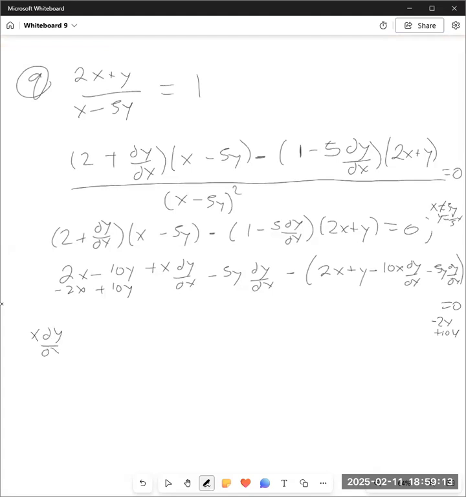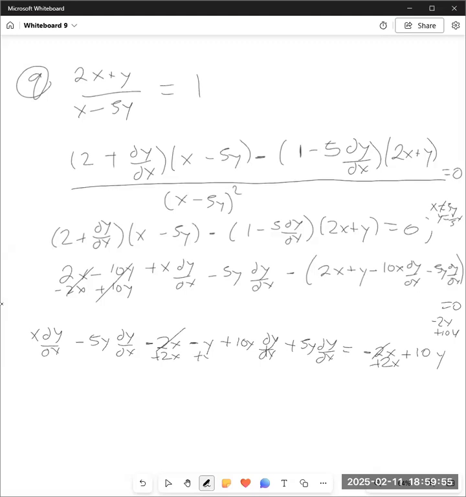x dy/dx - 5y dy/dx + 10x dy/dx + 5y dy/dx is equal to -2x + 10y + ... So negative 2x, when I add 2x to both sides to get rid of that, becomes 0.